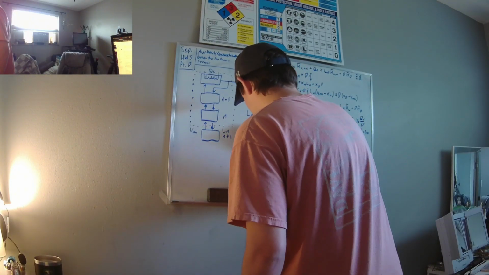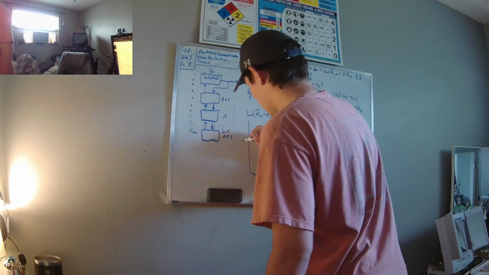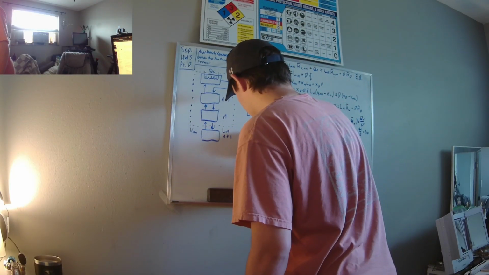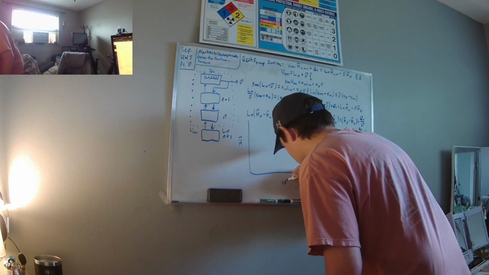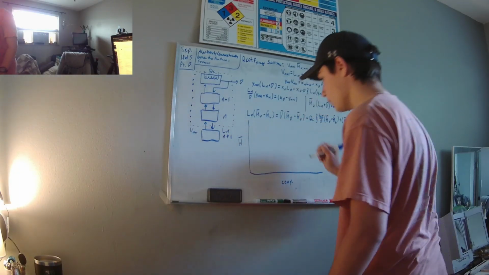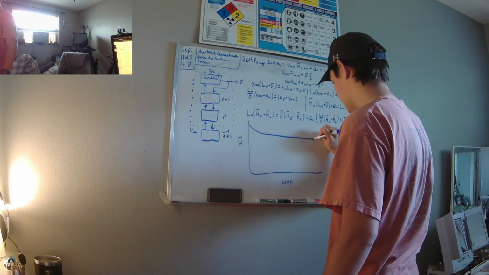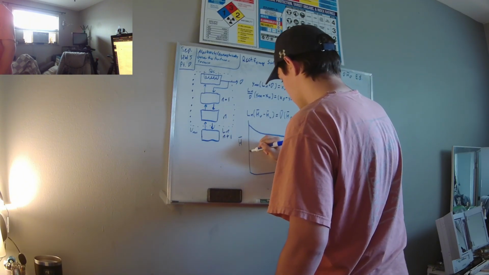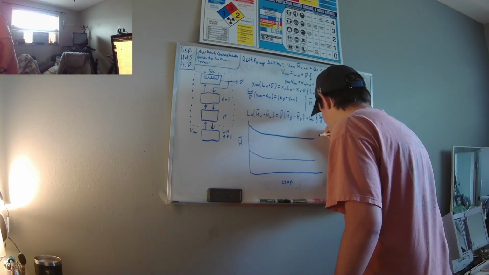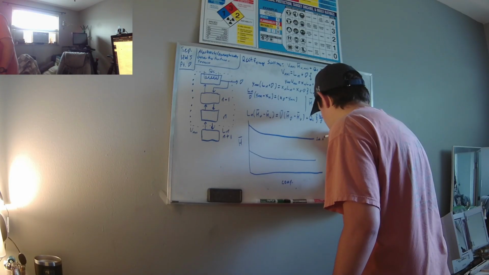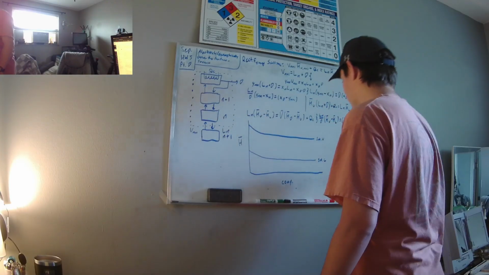So the Ponchon-Savarit looks something like this. On the y-axis, you've got enthalpy, molar enthalpy, and on the x-axis, you've got composition. Then you've got these two lines that look something like this, with this top line representing the saturated vapor and this the saturated liquid.